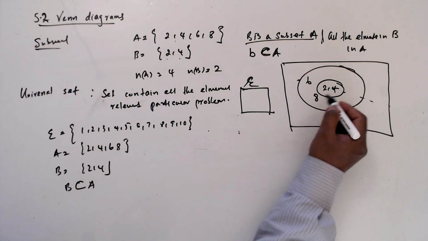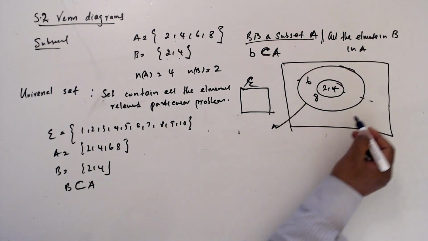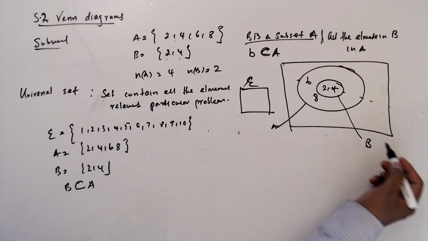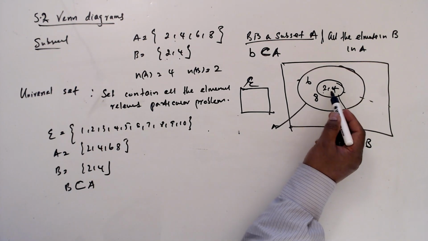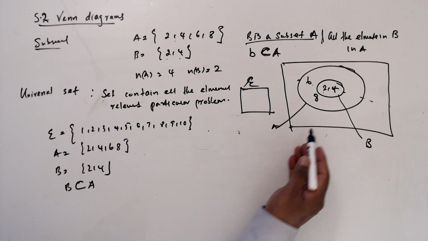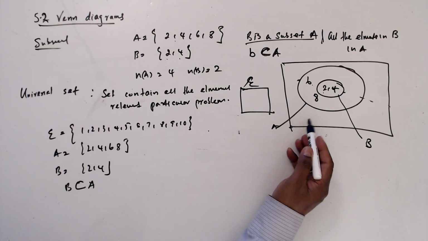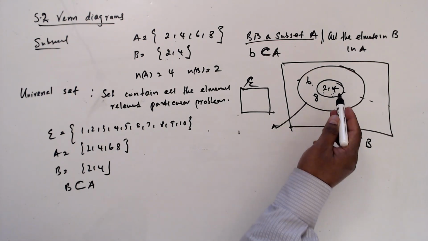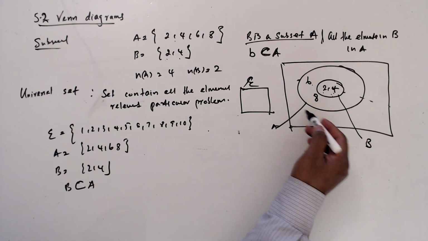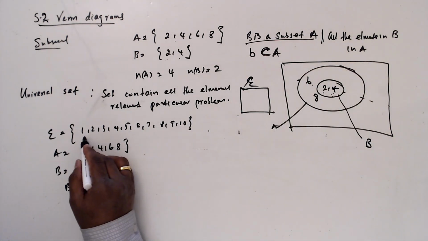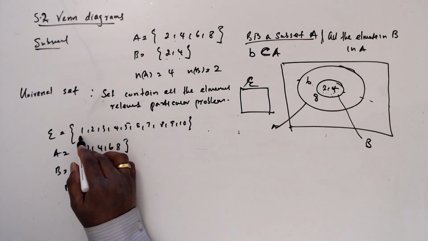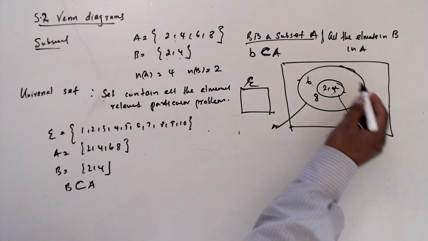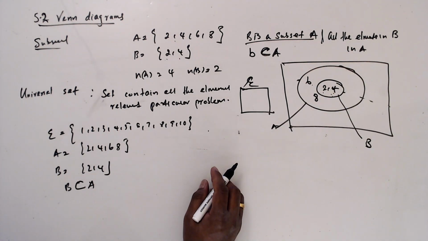Then we can show it like this. This is A, this is B, and 2, 4, 6, 8, and all other elements. So this is A, this is subset B inside, and all other elements should be marked in the outer area.